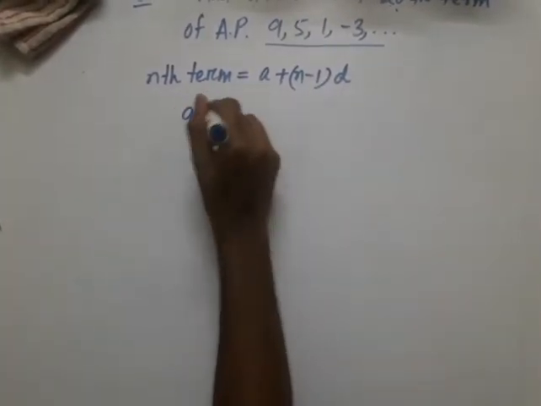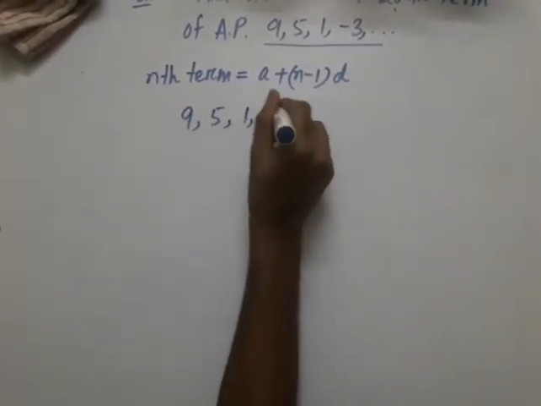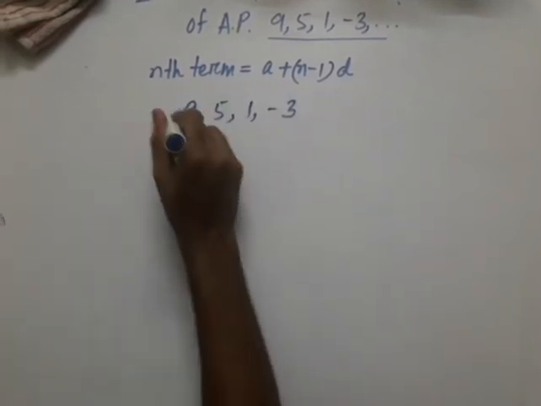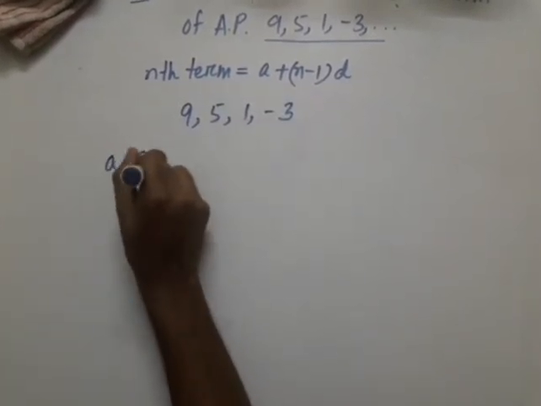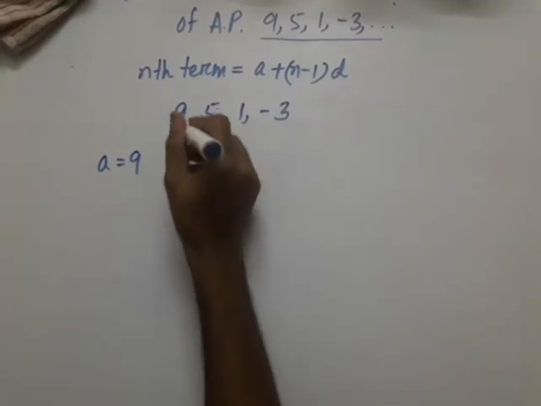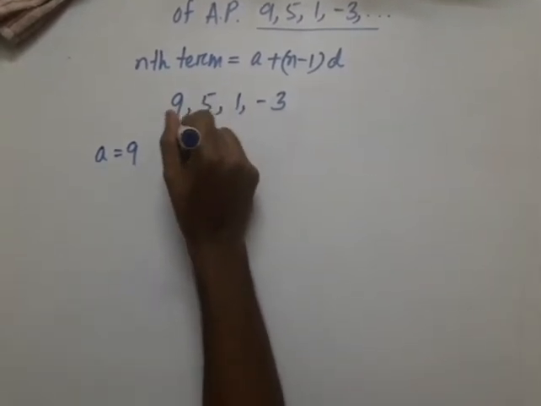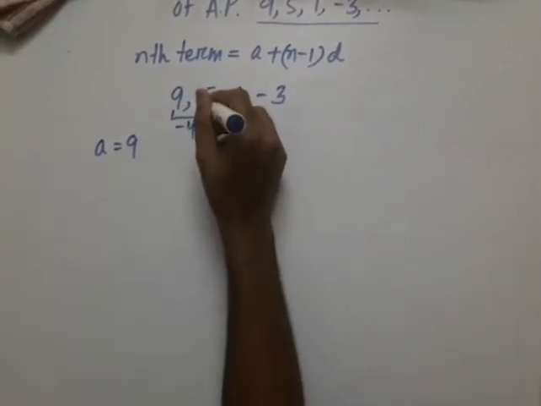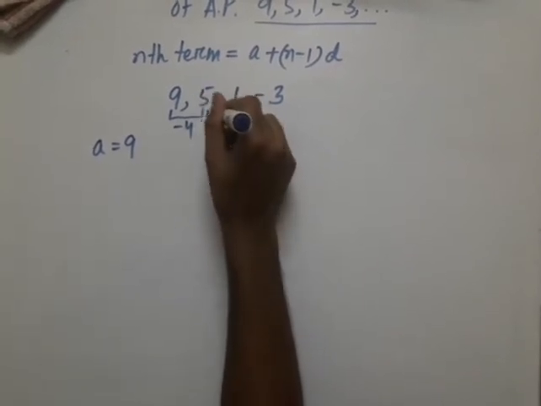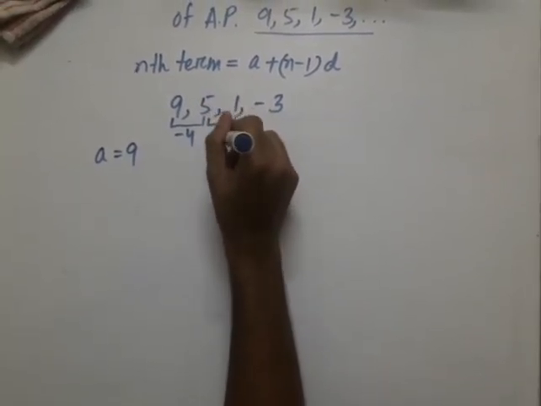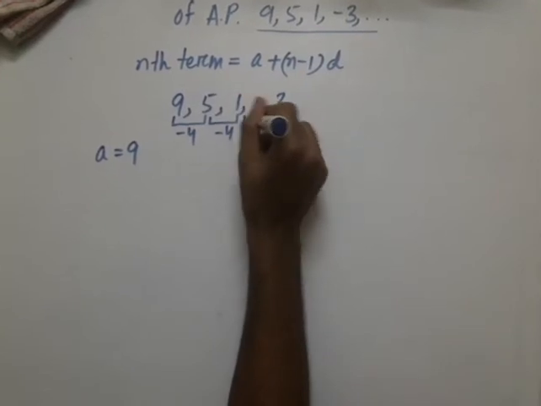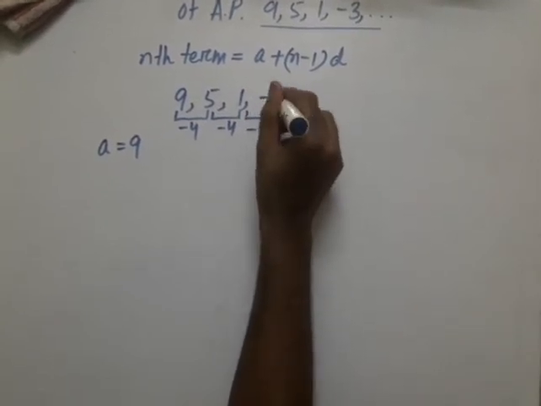So let's first know what is the common difference. a stands for the first term, which is 9. We can see when we subtract 4, we get 5. Similarly, we see when we subtract 4 from 5, we get 1. Also, we see that when we subtract 4 from 1, we get minus 3.